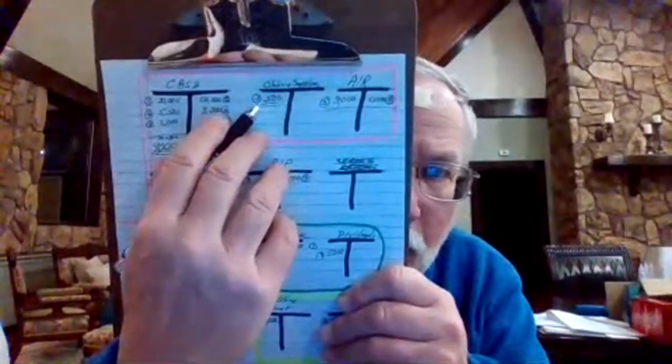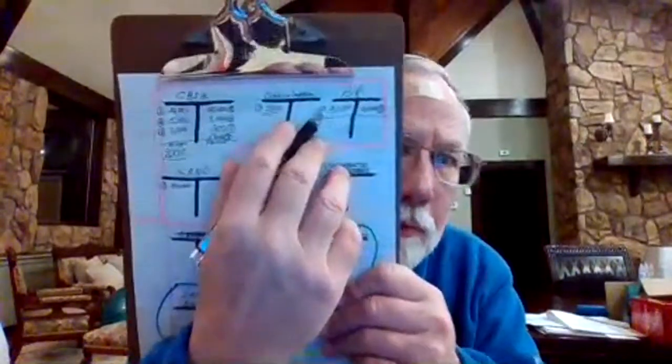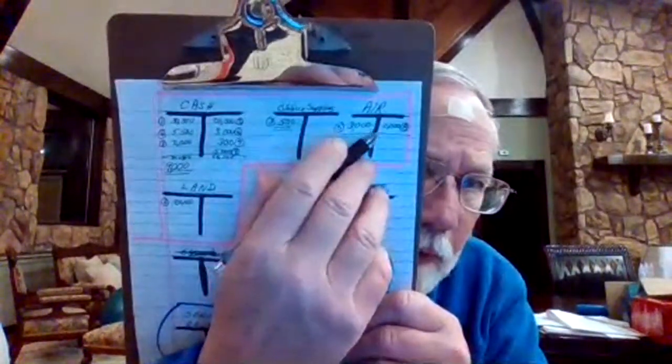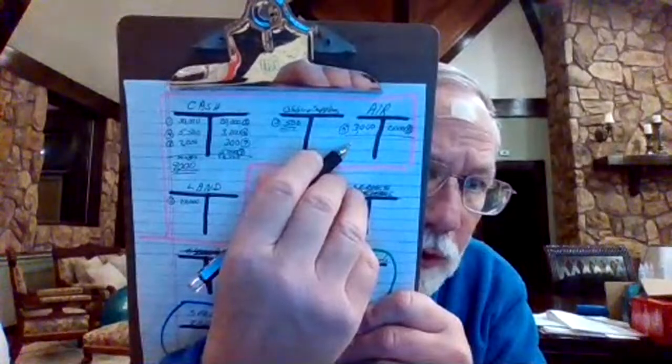The office supplies, there's only one entry, so the balance is $500. The receivables, I have a $3,000 debit and $2,000 credit. So I have a $1,000 debit balance. I'll write it in here.